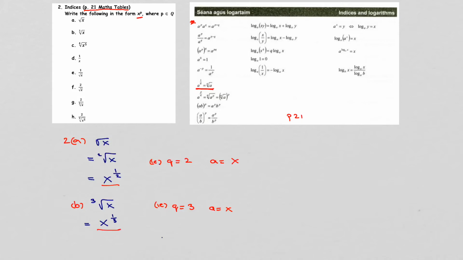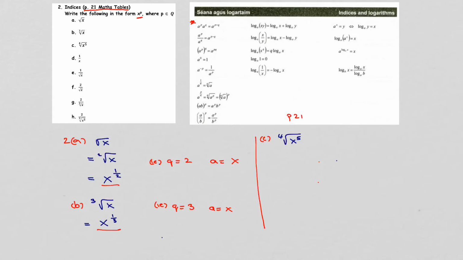Now if we look at c, we have the fourth root of x to the power of 5. I'm just going to do that on the right hand side here. In this case, we now have another power to deal with. So let me just erase this red line here on the Maths tables.